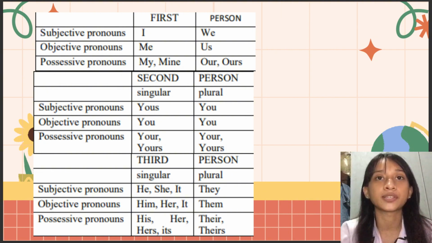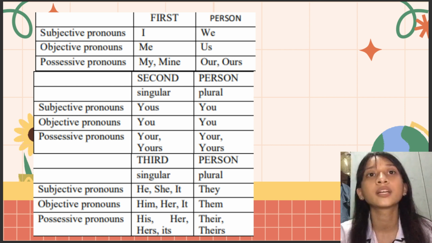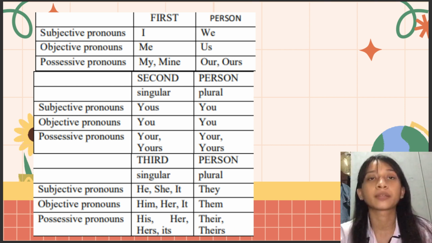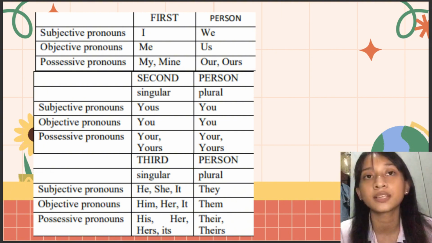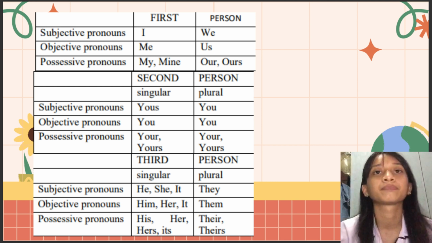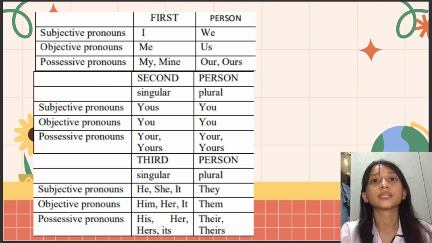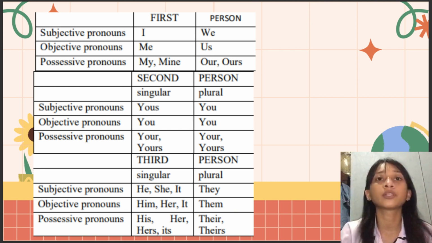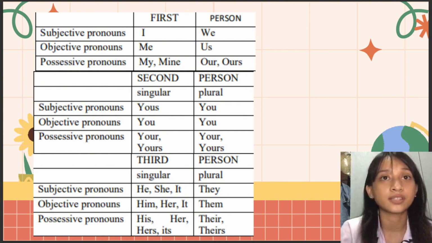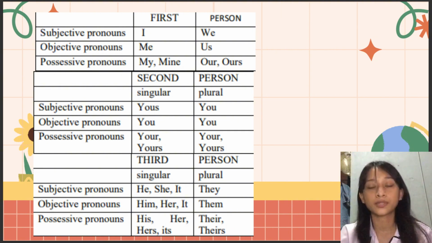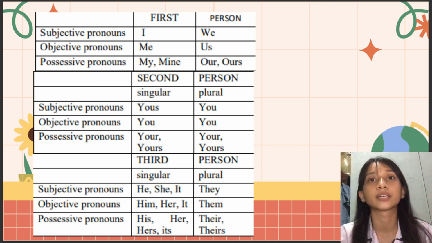In first person, we have the singular subjective pronoun I and the singular objective pronoun me. And then the singular possessive pronouns are my and mine. Now the plural subjective pronoun is we, the plural objective pronoun is us, and the plural possessive pronouns are our and ours.